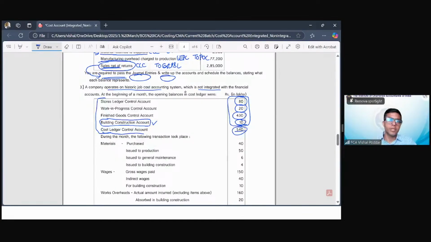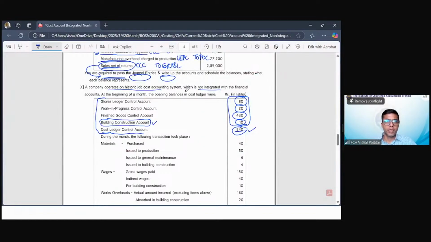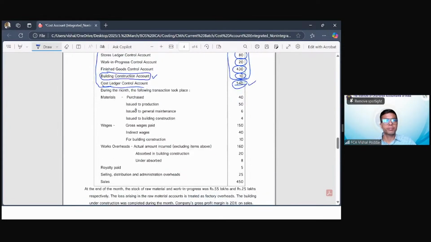The net of these 4 accounts has to match with this. So balance brought down, to balance brought down, to balance brought down, to balance brought down, to balance brought down. Now we go to the transactions.